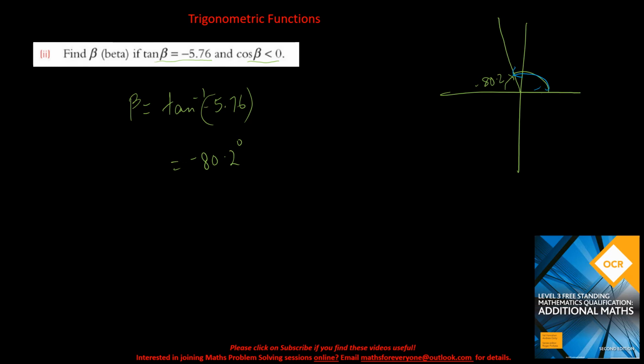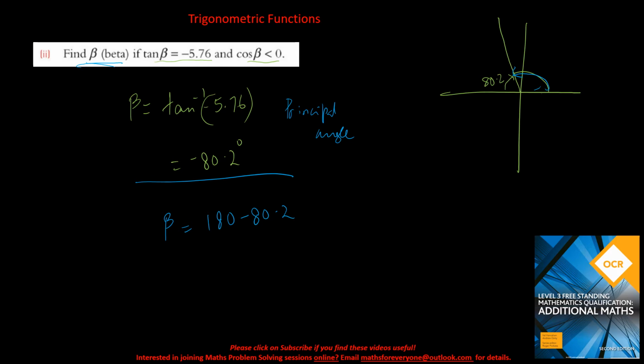So what we will do is find beta. The beta they are looking to find, you can say this is the principal angle, and that beta is going to be 180 minus 80.2. We shouldn't get confused by the minus sign, because it's just because of the quadrant.